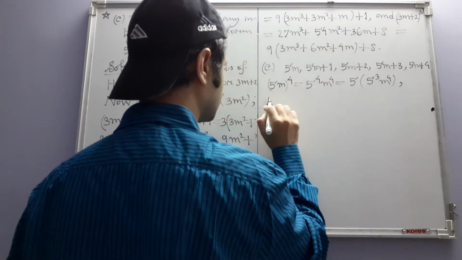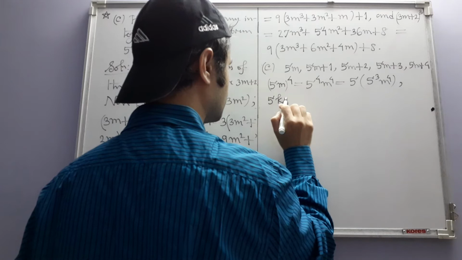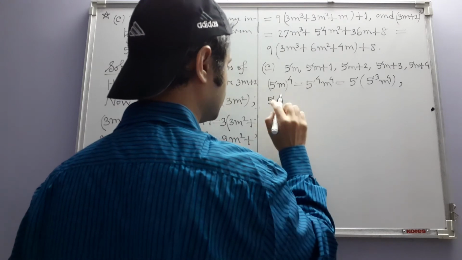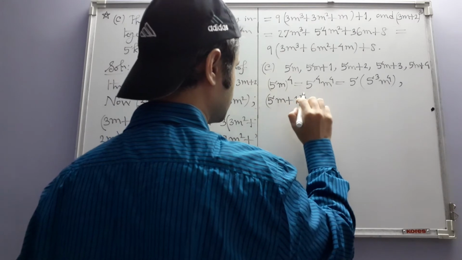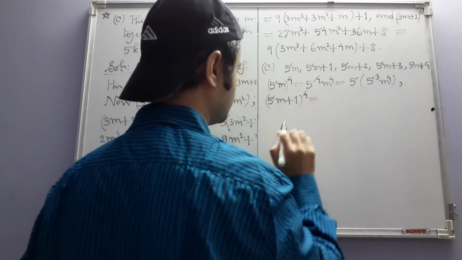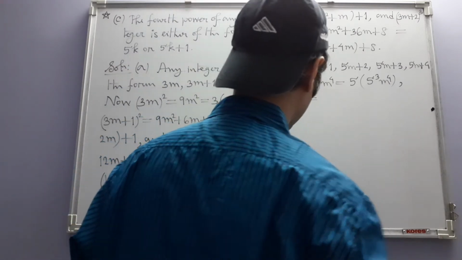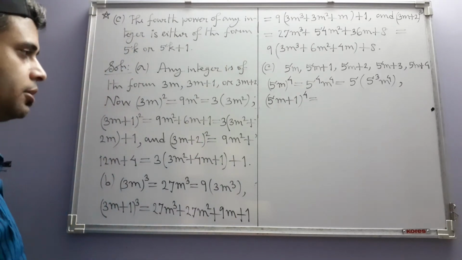Then 5, it seems I have the habit of quickly writing k. Okay, now what is the expansion?